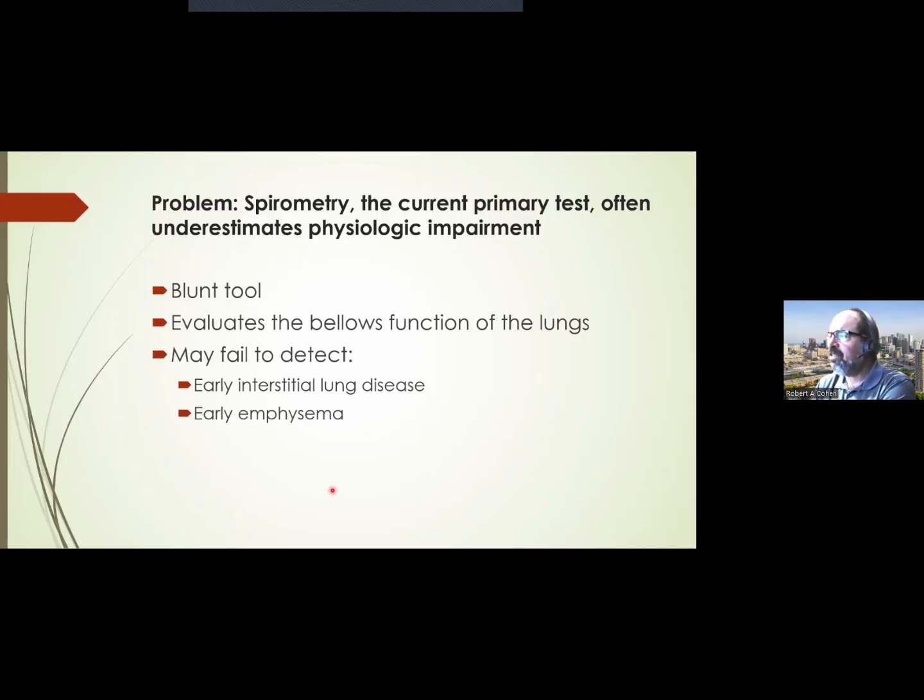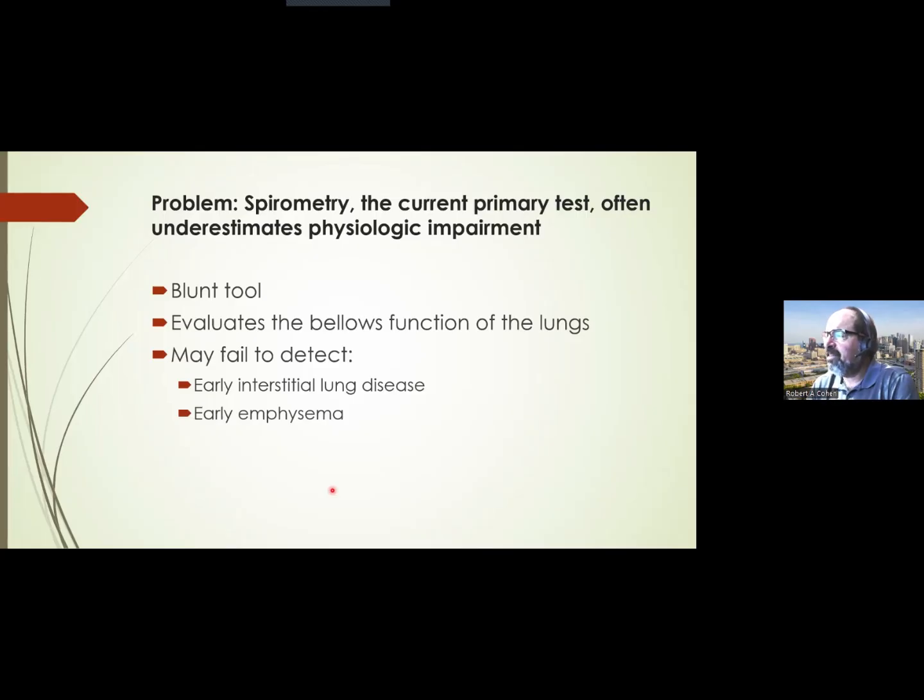So spirometry just evaluates the bellows function of the lungs: how big the lungs are, how big your vital capacity is, and how quickly air goes in and out of your lungs. So it can tell you whether there's obstruction or restriction, but it does not evaluate the gas exchanging surface of the lung, and therefore it can fail to detect early interstitial lung disease and early emphysema.